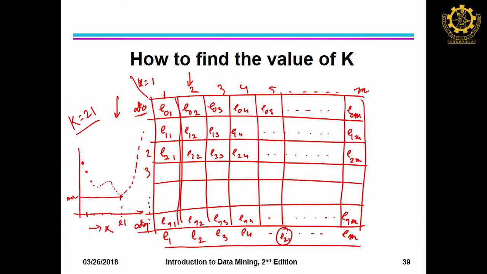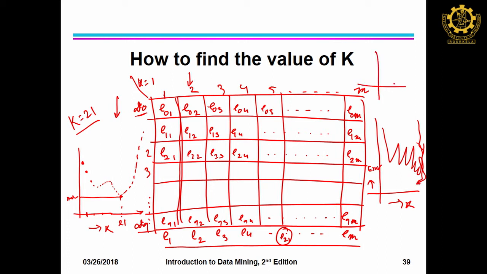Now, if you do not get this type of curve, let us say this is k and this is the error, and it happens that you get points scattered like here, here, here, here, here, then obviously there is a chance that you can take one of them, but in that case there may be a problem with the training data set.